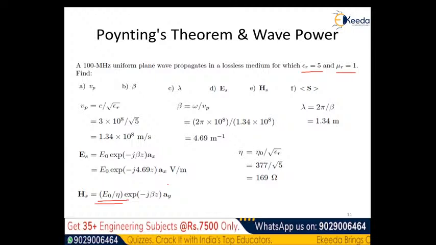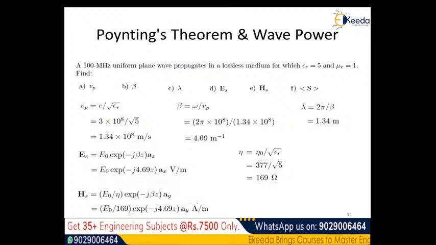So by the substitution of eta and the beta, here we get the expression for HS. So here we write E0 divided by 169. This ratio is multiplied to the exponential of minus J times 4.69 Z, the direction given by the unit vector AY, and this is regarded in terms of ampere per meter. So this will be the solution for part E. So here we have the HS expression.